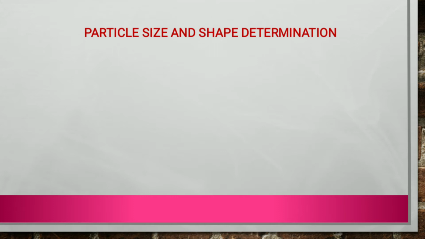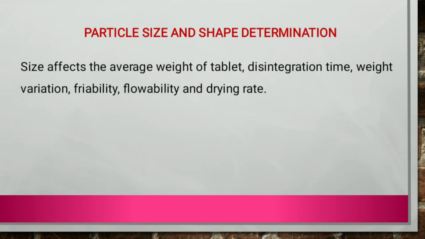The first one, that is particle size and shape determination. Basically, investigating particle properties such as size and shape is important in understanding the deformation behavior of powder under compression during tableting.